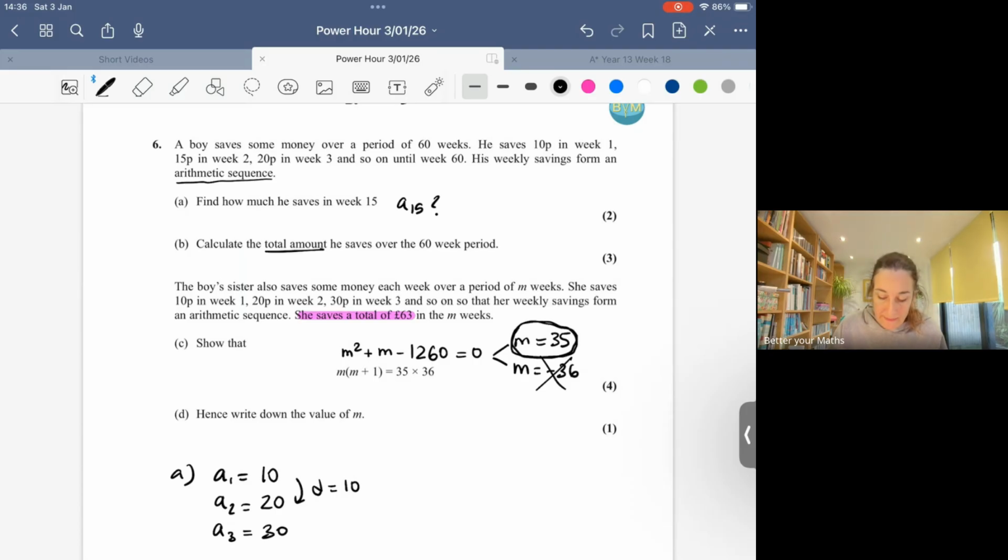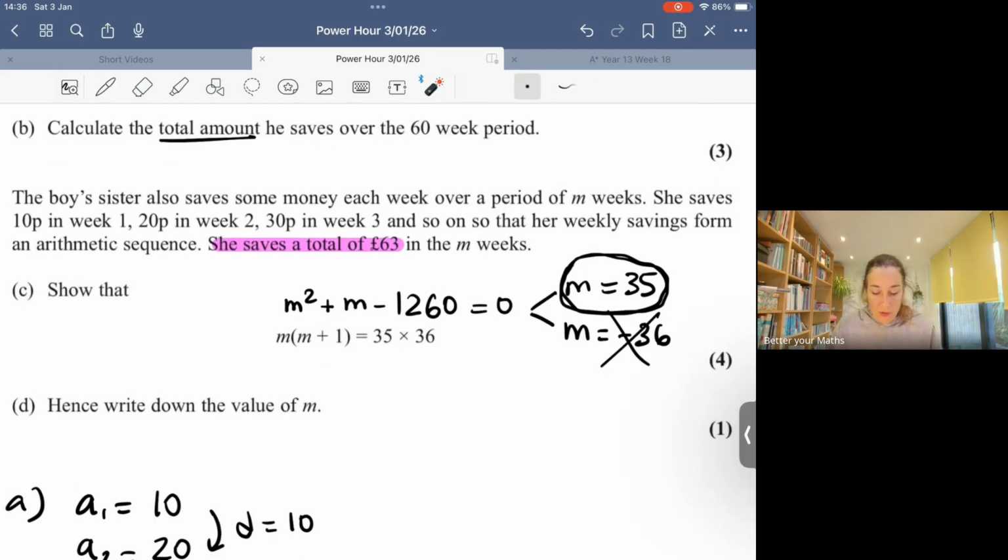So either way, you realize that they are helping you, giving your answer written this way, because you have a number plus the next one, multiplied together, that means this is 35. If you don't realize, you expand your brackets and solve your quadratic. One is 35, one is minus 36, and it cannot be negative. You cannot save during minus 36 weeks. So the negative cannot be.